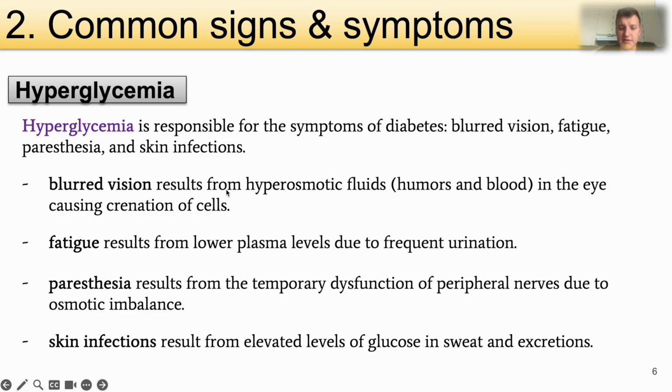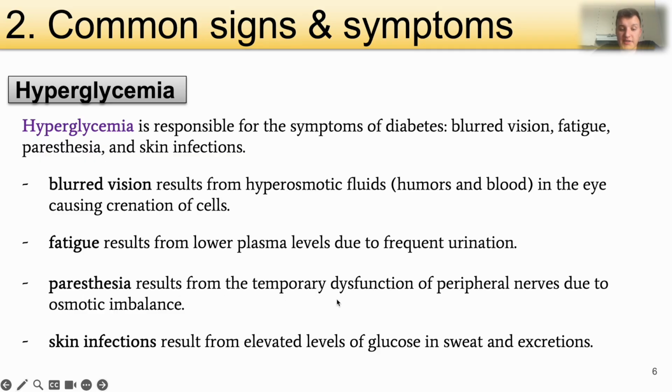So blurred vision results from hyperosmotic fluids, humors and blood, right, in the eye, causing crenation of the cells. There's too much of these glucose molecules and it's sucking out the water because water moves by osmosis. Fatigue results from lower plasma levels due to frequent urination, right?